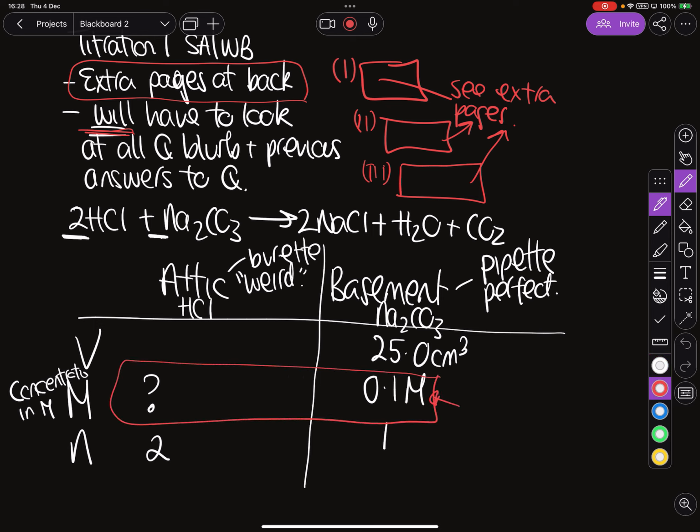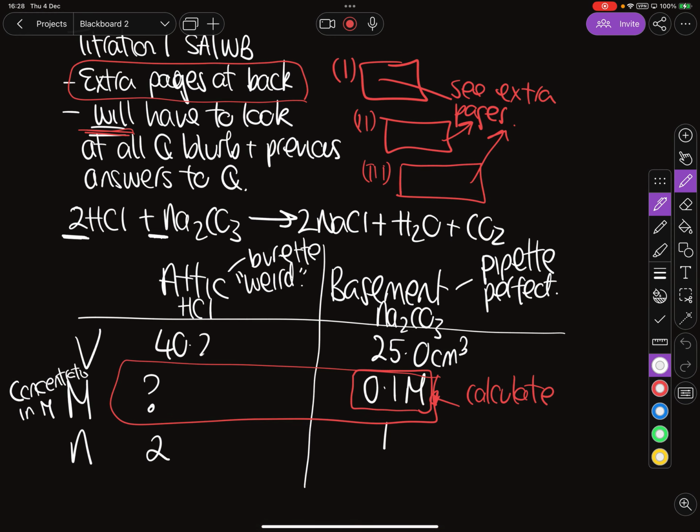It may be that you had to do a calculation to get to this point, so you may have to calculate this part yourself. If in doubt, you can't do that calculation, or you didn't realize what it is, you just put a number in here. Pick any number, and as long as you use it correctly, you will get marks for your maths. You're not going to get all of the marks, but you'll definitely get some.